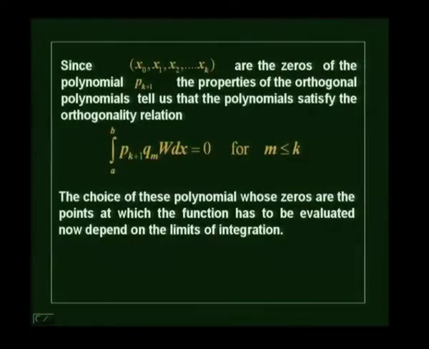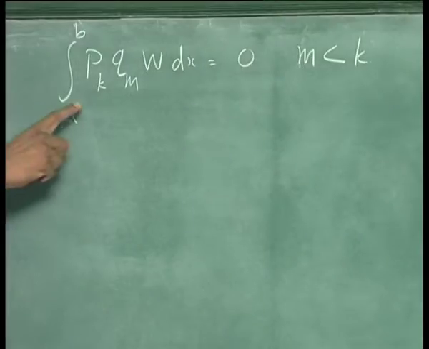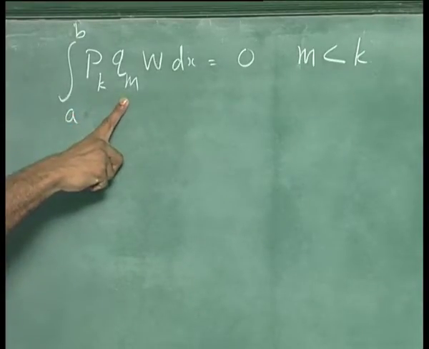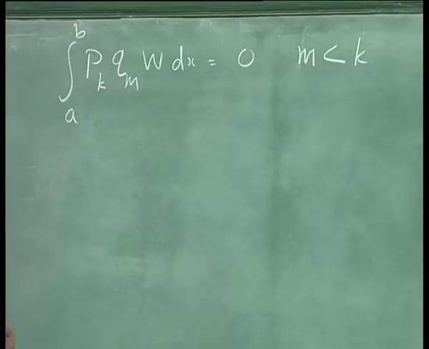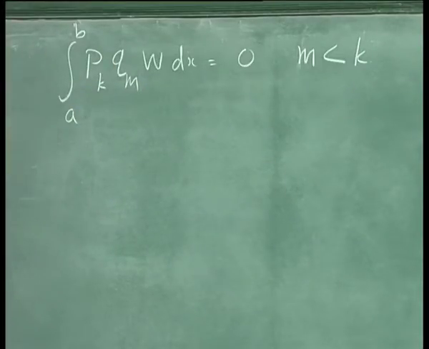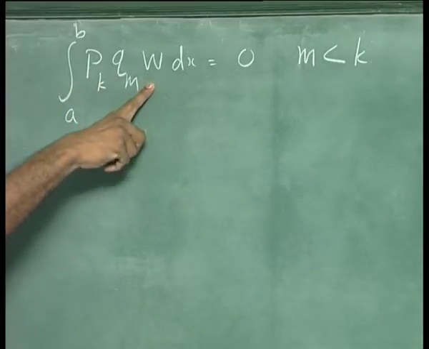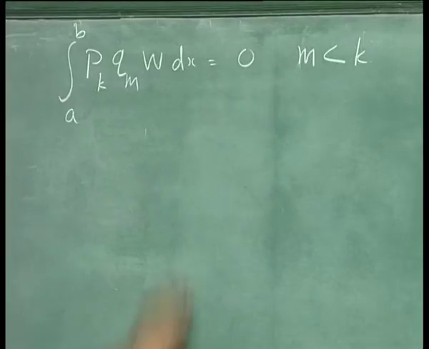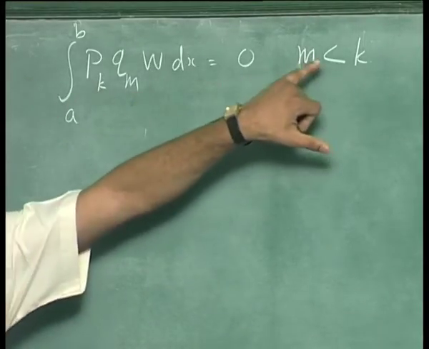That is, if you have a polynomial pk and another polynomial qm, then for a given limit a to b, we can find a w such that this quantity is 0 for all polynomials m which are of order less than k.